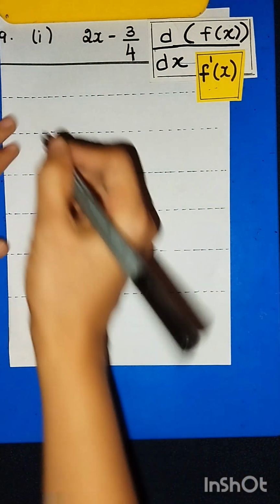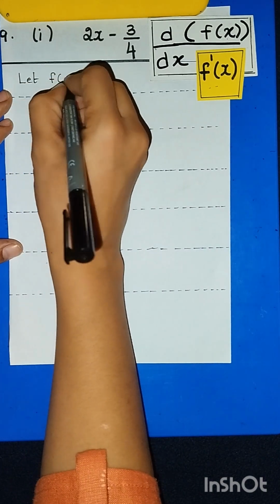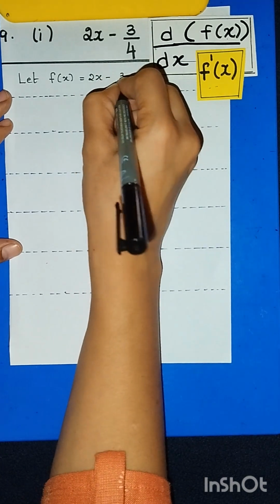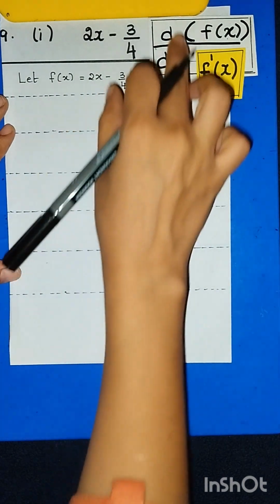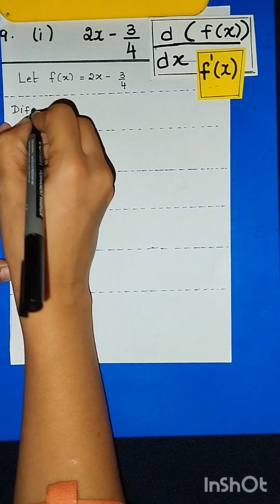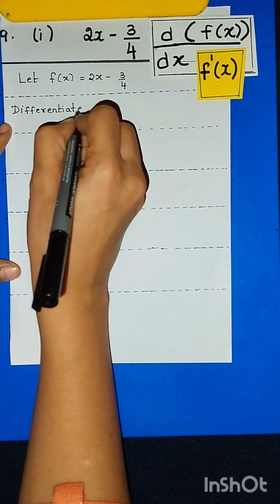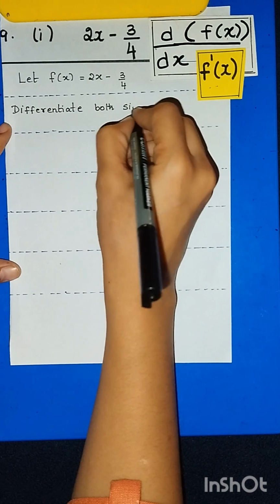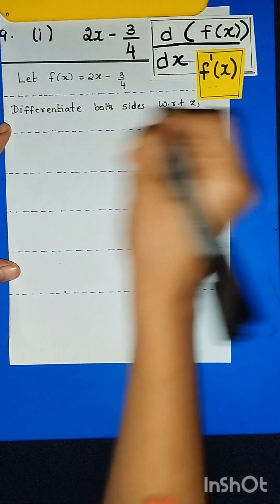Now let us label the function. Let f of x is equal to (2x minus 3)/4. So we have to find the derivative, so we will differentiate both sides with respect to x.